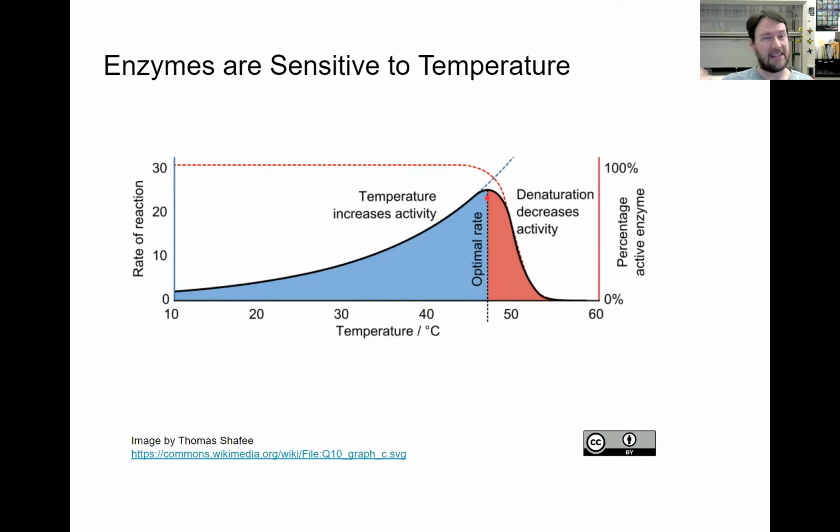A lot of human enzymes have an optimal activity somewhere around 37 degrees Celsius, because that is our normal operating body temperature. If we look at hot springs bacteria, their optimal temperature might be 80 or 90 degrees Celsius. So it just kind of depends on the organism and its environment. And there's other organisms that I can think of that will die.